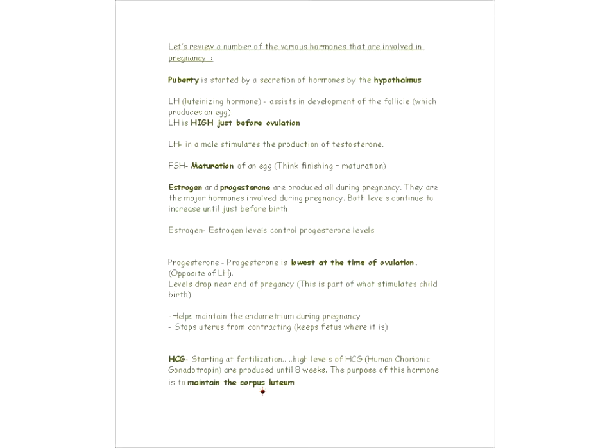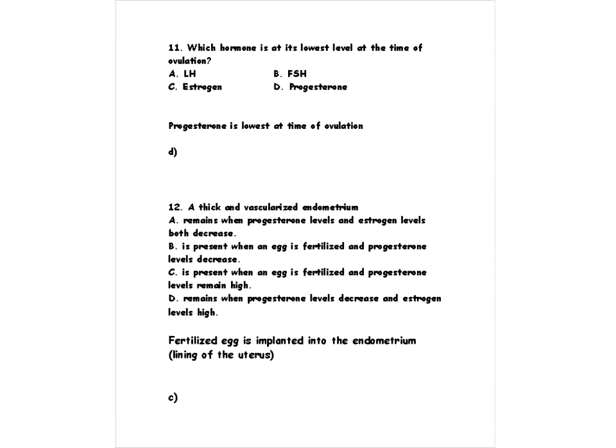All right, if you'll remember from that, which one is low at the time of ovulation? That's progesterone, so that would be the answer here. It's going to be answer D. Okay, going on to the next question, a thick and vascularized endometrium.